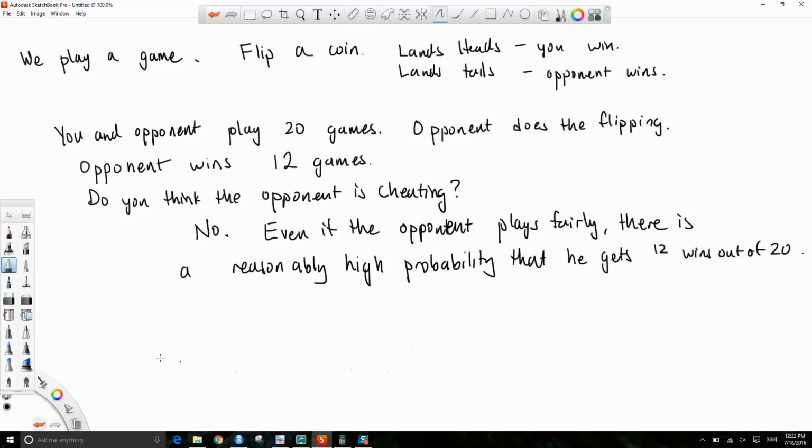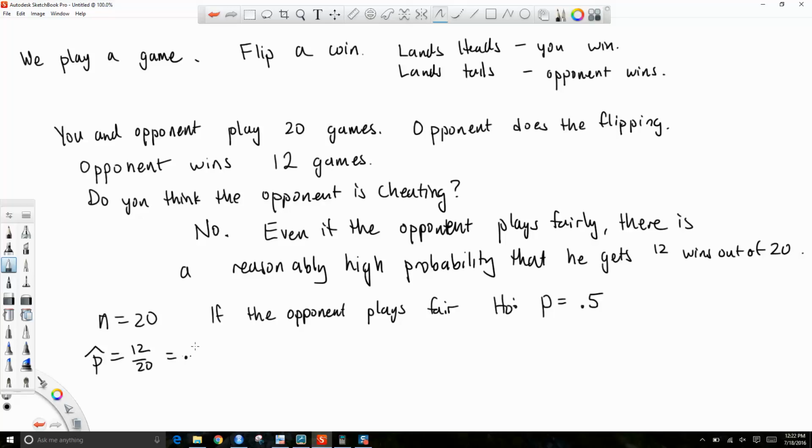Yes, we can, right? So in this case, we have n equal to 20, okay? If the opponent plays fair, we can say our null hypothesis is that the probability that the opponent wins is 0.5. Okay? And what we observed, our p hat was 12 out of 20 wins.